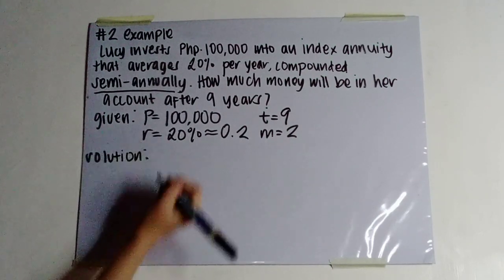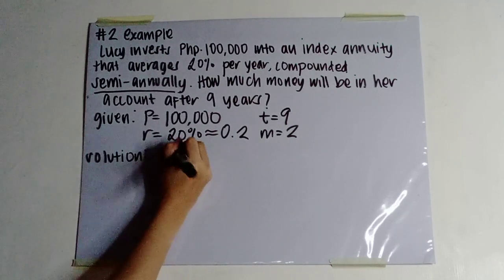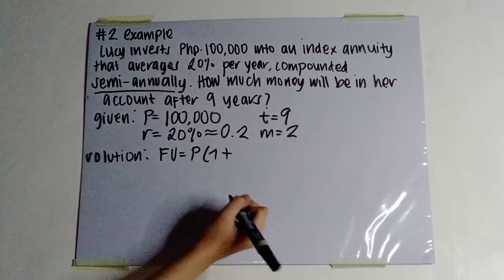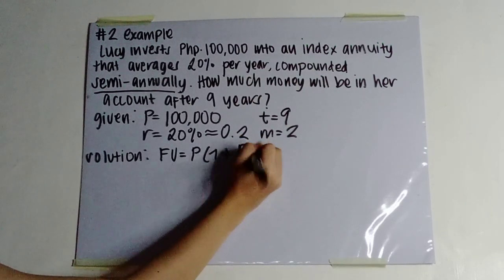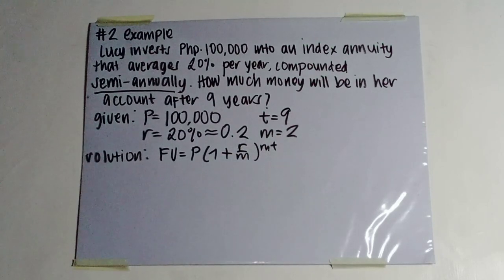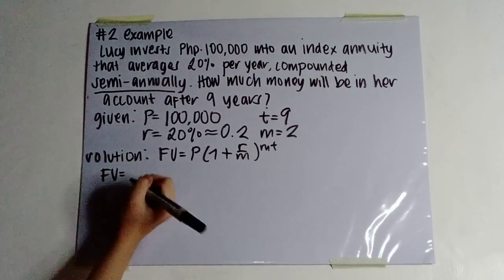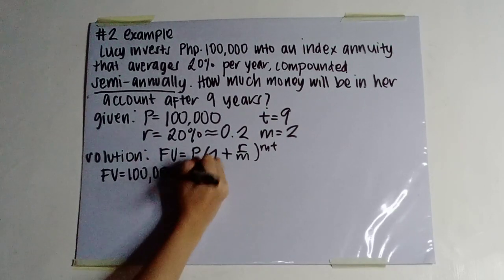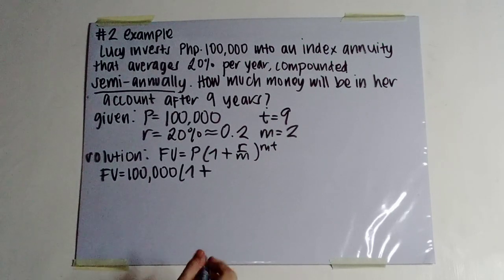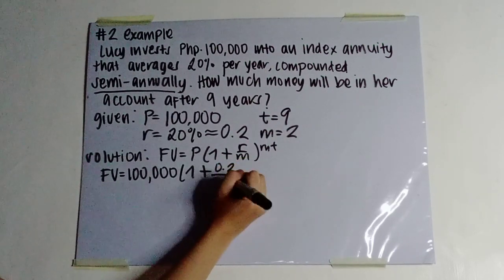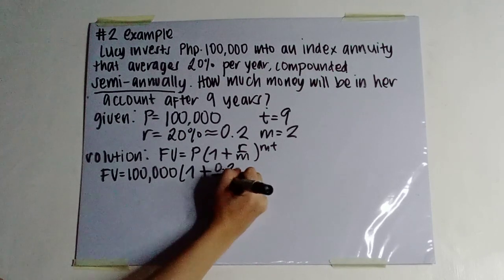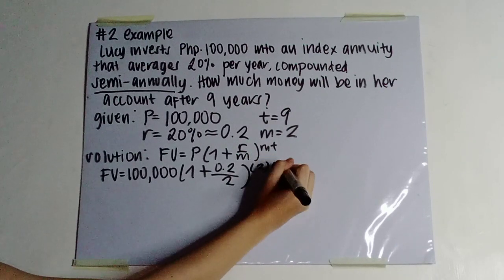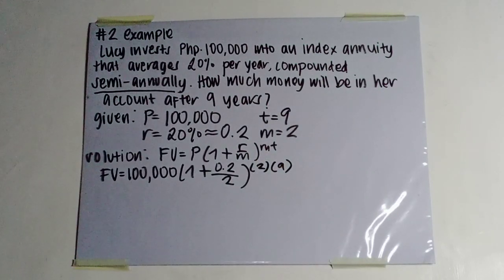Then write the solution, and write the formula first. So again, the formula for finding the compound interest is FV equals P times 1 plus R divided by M, raised to MT. So FV equals 100,000 times 1 plus 0.2 divided by 2, then raised to 2 times 9.